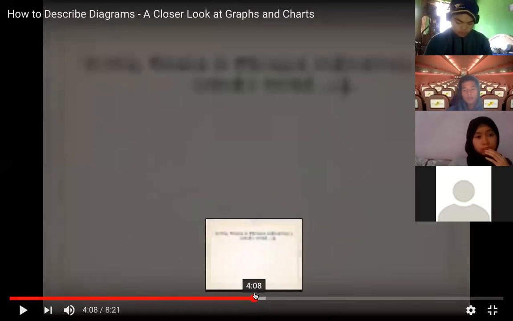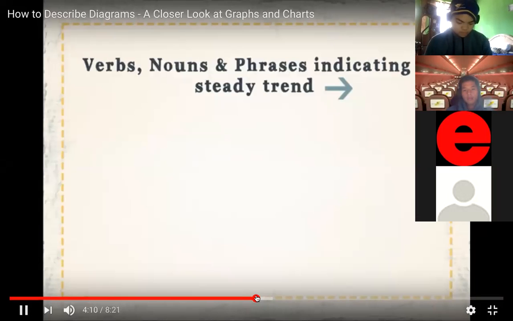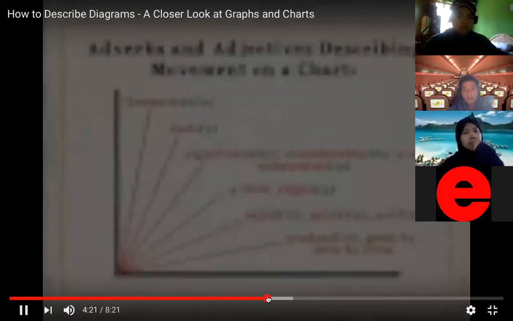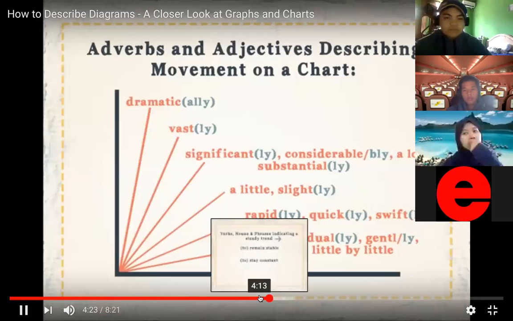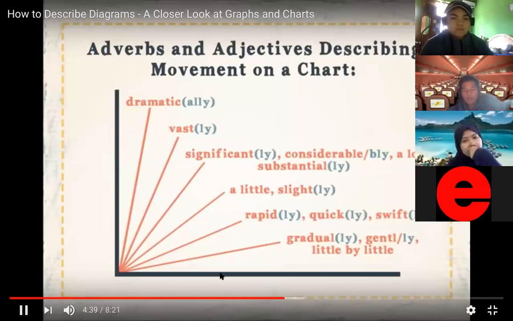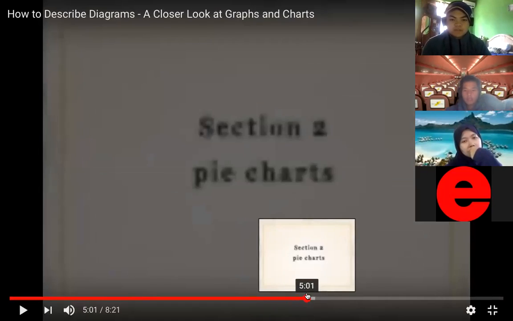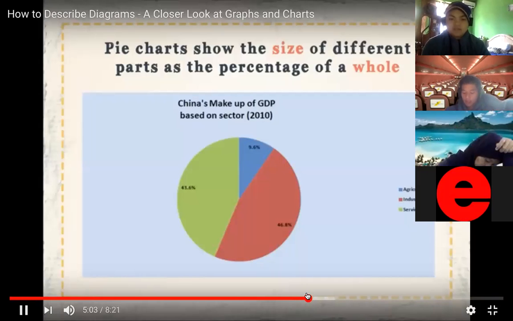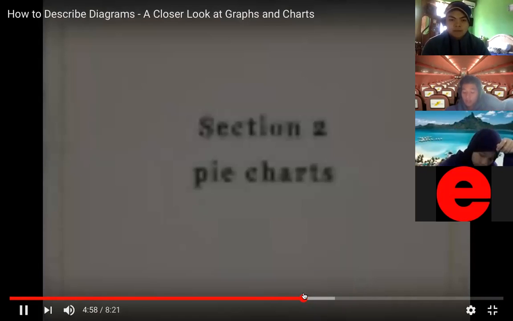Fall in a steady trend. Describing movement, some examples: quickly, swiftly, gradually, gently. Now let's listen to this one.